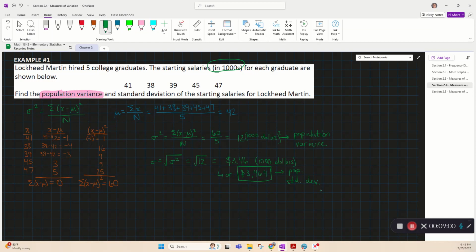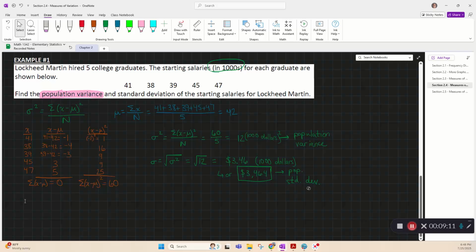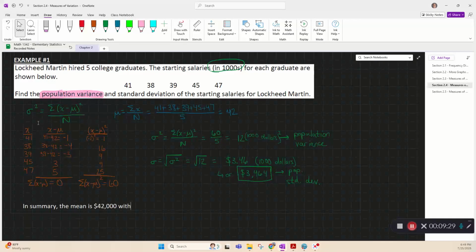Okay. That's typically what we would quote if we were to summarize this data. So if I wanted to kind of summarize the data, so in summary, the mean is $42,000 with a standard deviation of $3,464.